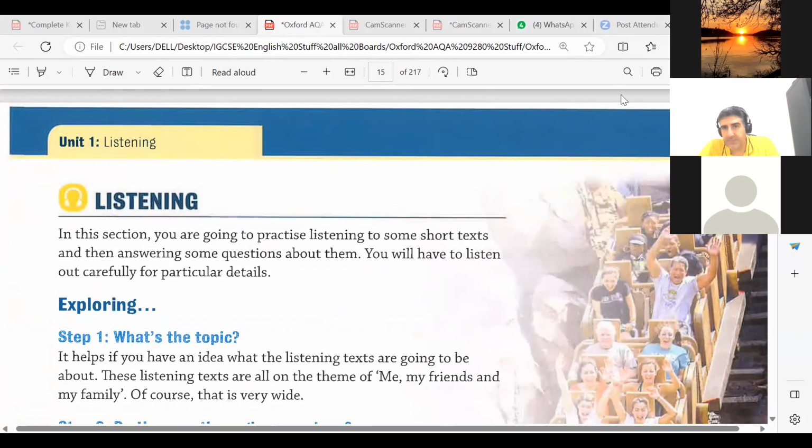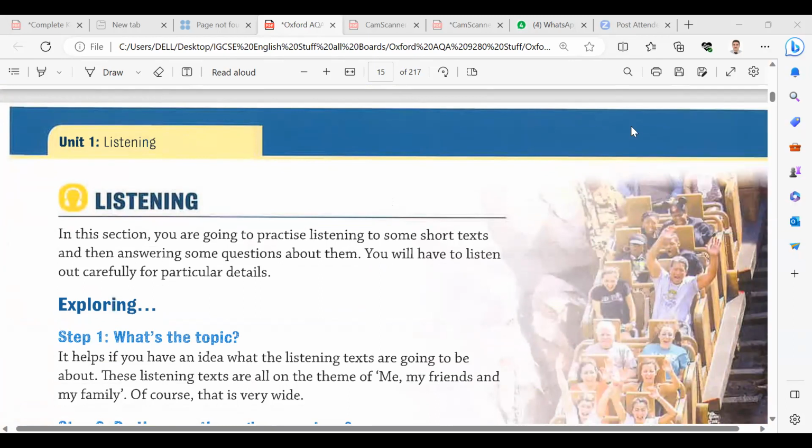Page 15. Okay? So, Khalid, can you please recap the listening paper, outline how many questions and what type of questions are there, and how many parts are there in the exam?